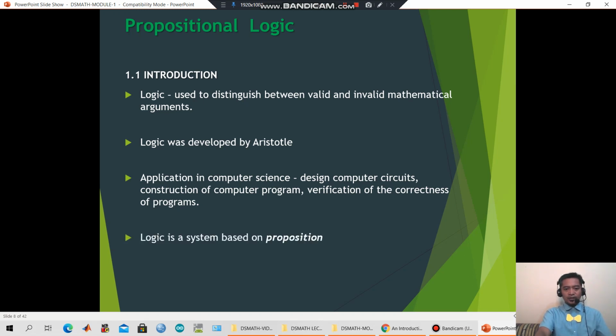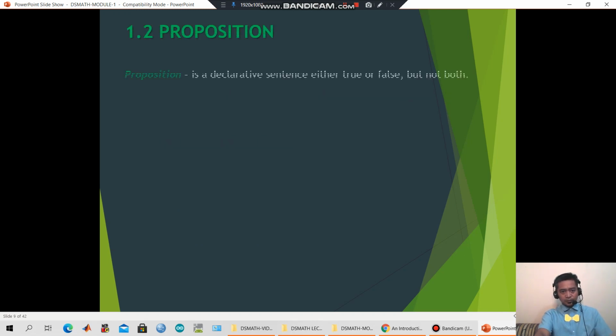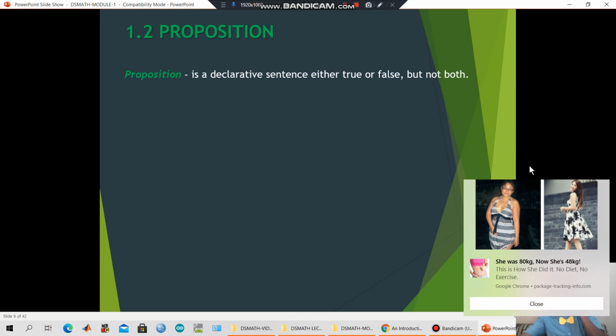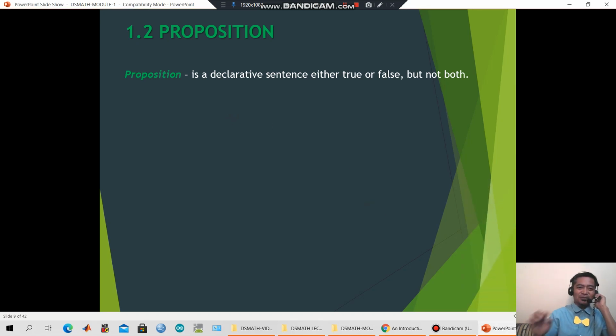Now, logic is a system based on propositions. So we need to define proposition. What is proposition? Again, going back, a proposition is a declarative sentence, either true or false, but not both.